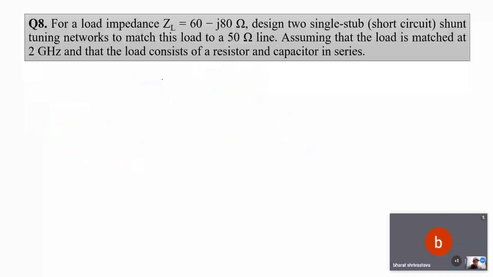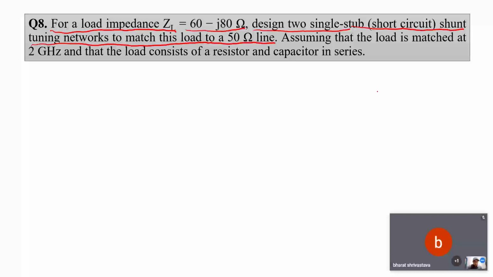Moving ahead, this is the last problem. The problem says that for a load impedance ZL equal to 60 minus j80, design a single-stub short-circuited shunt tuning network to match this load to a 50 ohm line.